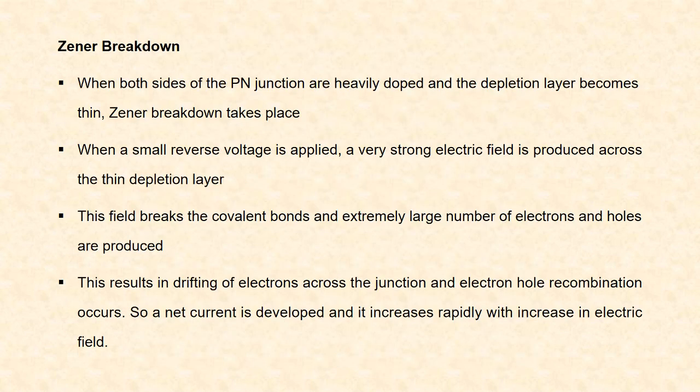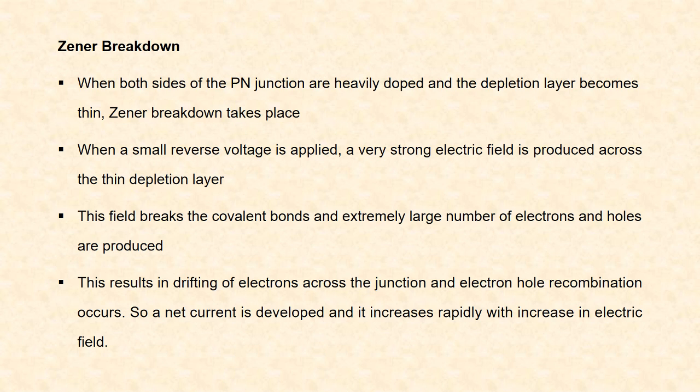Now we will see in detail about Zener breakdown. This breakdown occurs when both sides of the PN junction are heavily doped and hence the depletion layer becomes very thin. Even if we apply a small reverse bias voltage, a strong electric field is produced across the thin depletion layer.